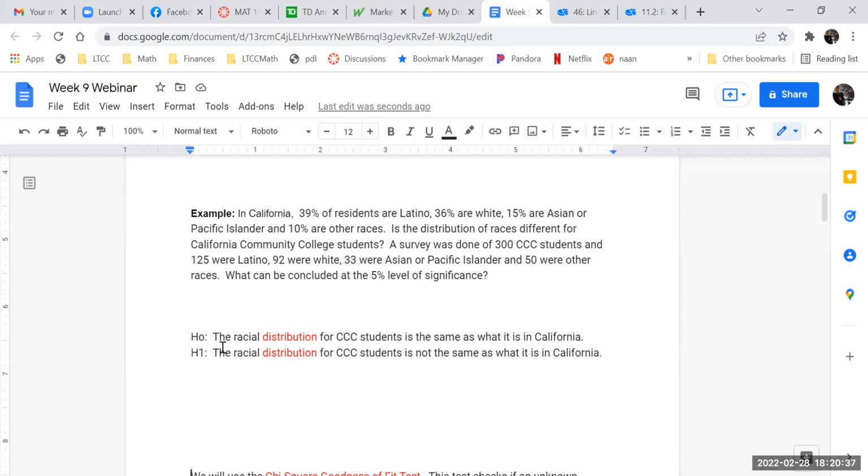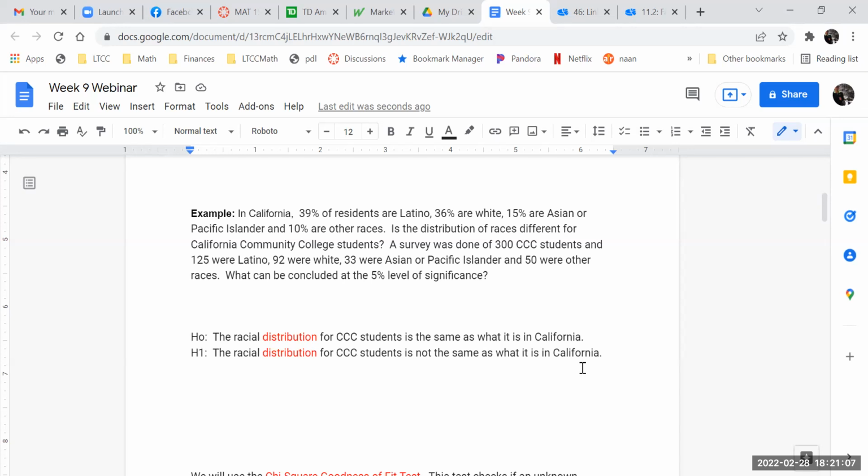And then the racial distribution for California community college students is the same as what it is in California, just for general Californians. Okay, H1 is the racial distribution for California community college students is not the same as what it is in California.